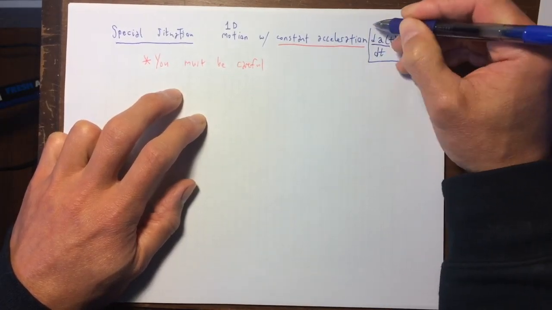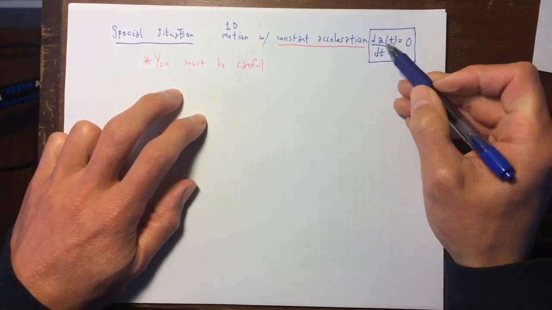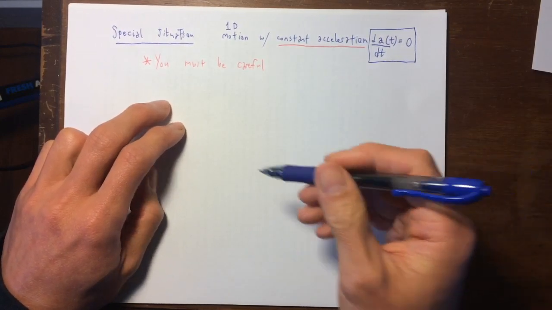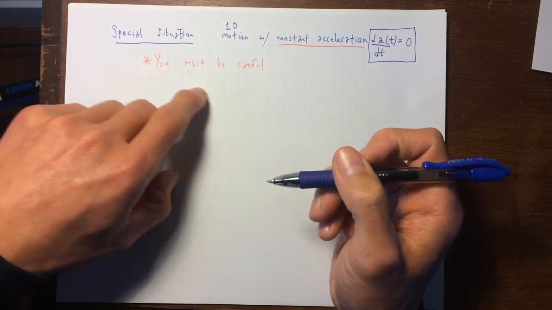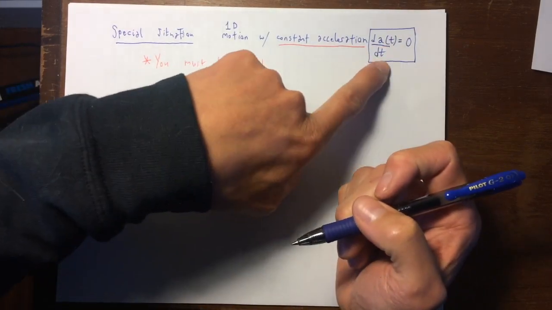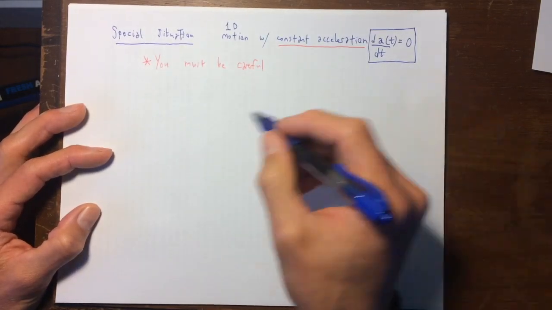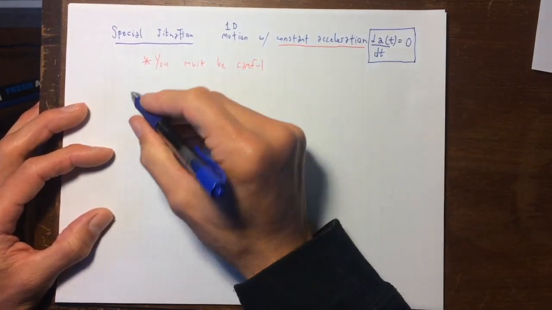So constant acceleration means that the acceleration does not vary in time. That's what it means. So you're only allowed to use what I'm about to describe if that's true. But I'm going to show you that that's implied. So let me show you.